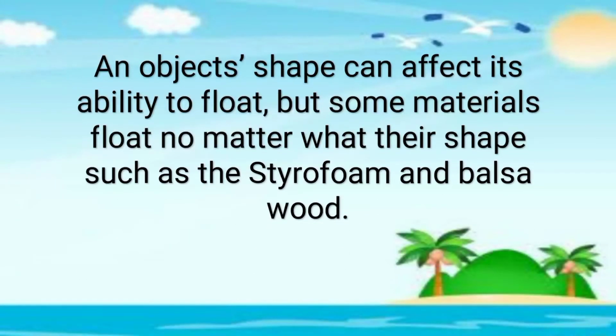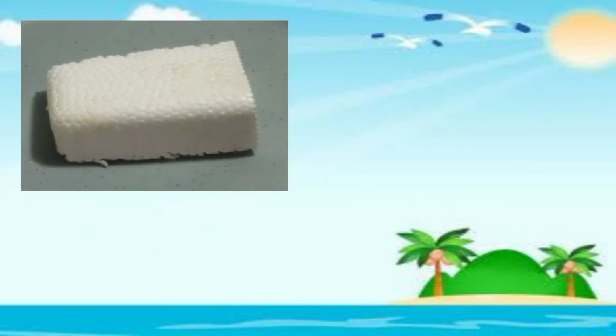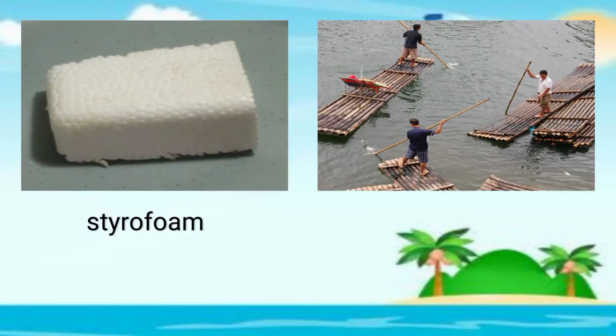An object's shape can affect its ability to float. But some materials float no matter what their shape, such as styrofoam and balsa wood. Here's an example of styrofoam. And here is an example of balsa wood.